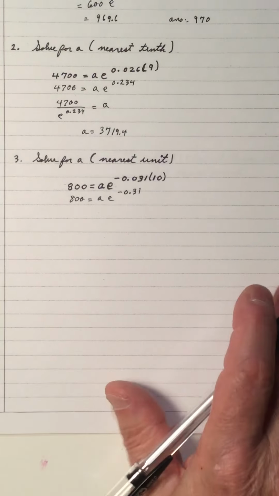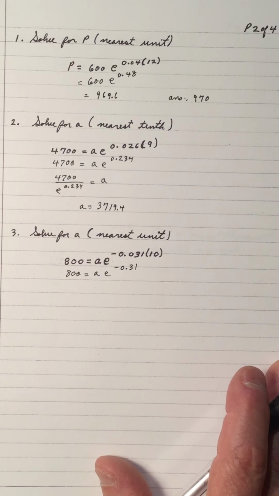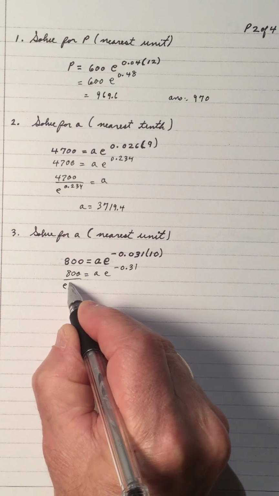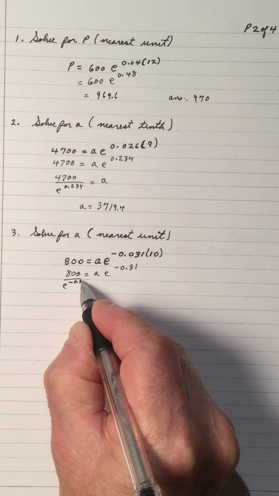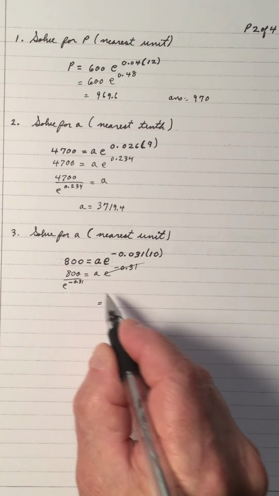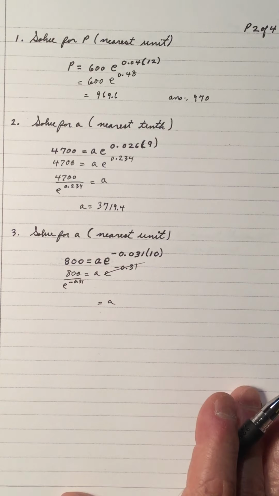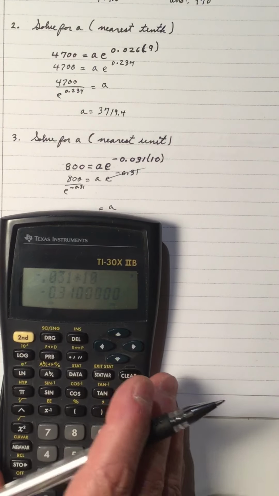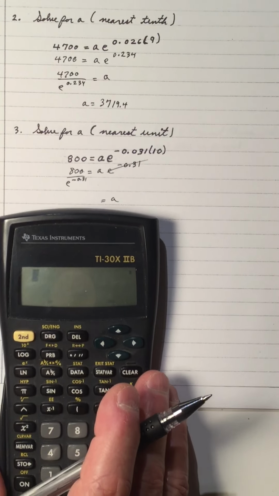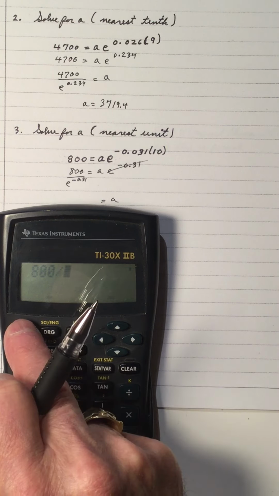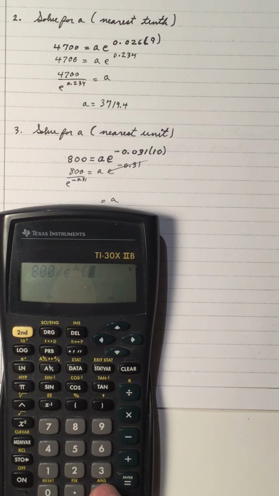Now I'll divide by e to the negative 0.31, and that cancels out. So a is equal to 800 divided by e to the negative 0.31. I apologize for moving the calculator, but I don't have a lot of space. So put the calculator back in: 800 division, pick up the e, and raise it to the negative 0.31.